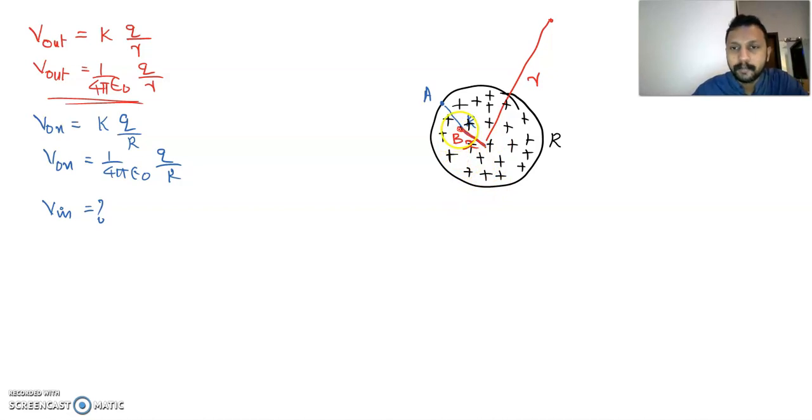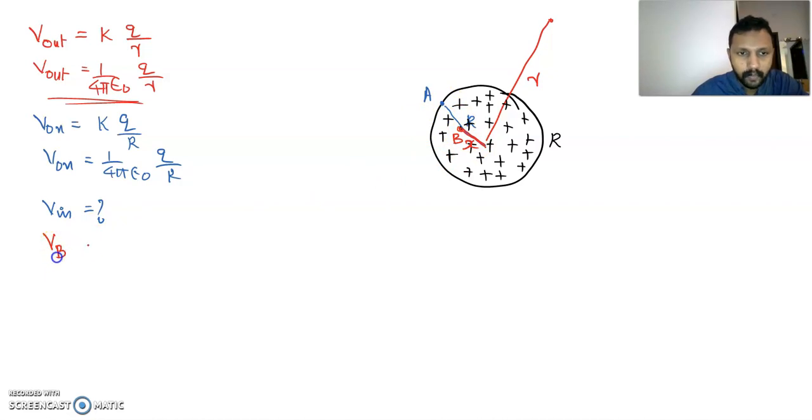Now in this case, work is required to move a charge from the surface to an interior point. In the case of a conducting sphere or a spherical shell, there was no work required to move a charge from the surface to B. But in this case, work is required to move a charge from A to B. Therefore, let's find the potential difference between these 2 points.